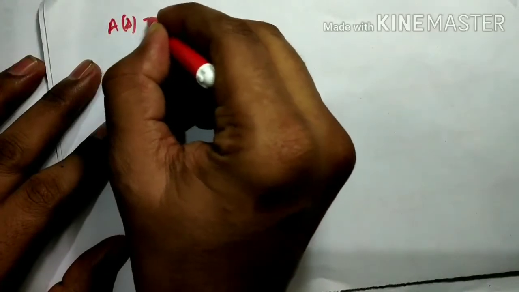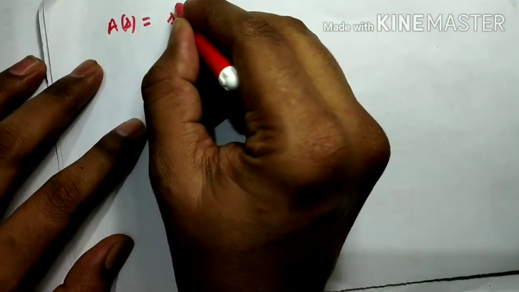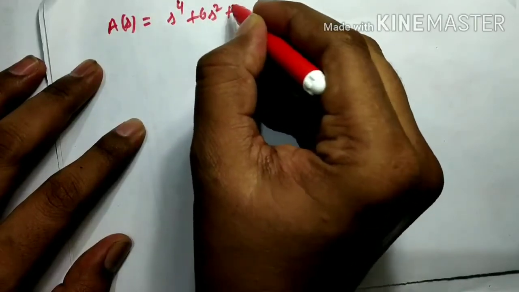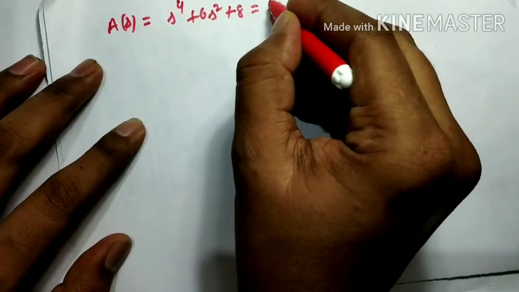So your auxiliary equation is A(s) = s power 4 plus 6s square plus 8 equals 0.